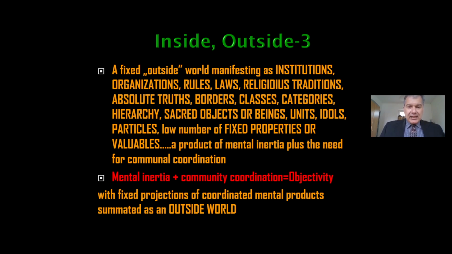But when you realize that community coordination, which is necessary for ease of communication, is, together with mental inertia, the main constituent of objectivity, which is a virtual world that a particular community created for help, for categorical help to mentally inert, mentally undeveloped minds.